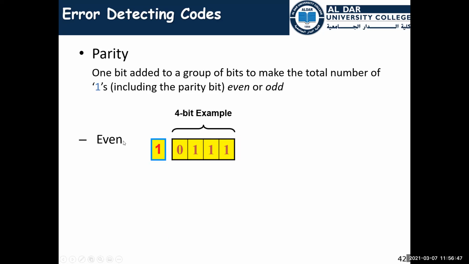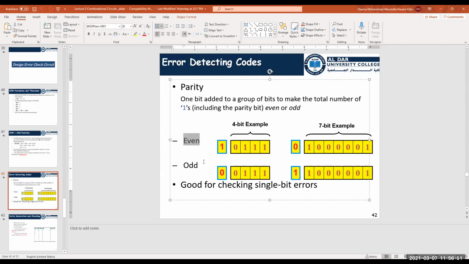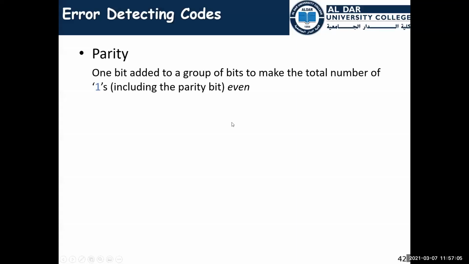By the way, this is not correct. This should be odd parity. This is even parity. Should be like that, unless you see something different, but this should be like that.